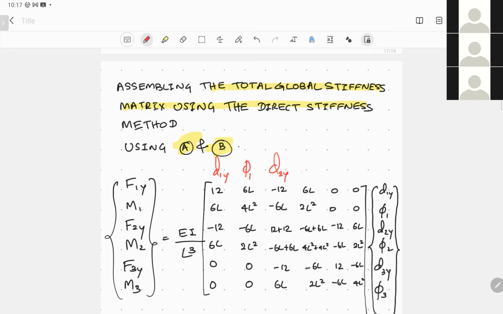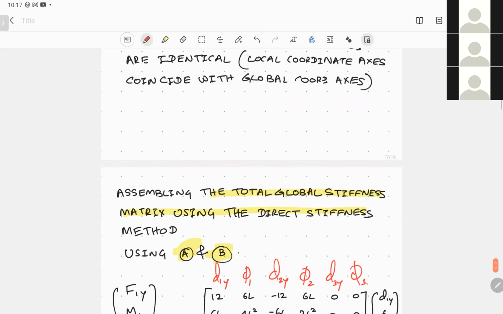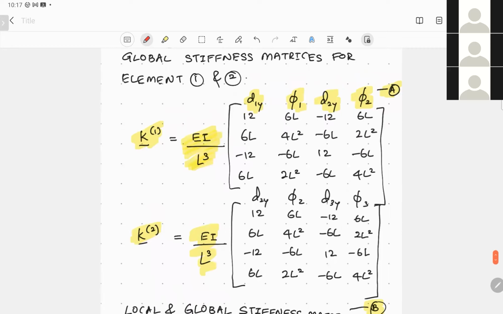Similarly, the transverse displacement and rotation at node 2, and similarly at node 3, the transverse displacement and rotation. So you can pick out the corresponding terms, and by applying the superposition method, you can construct it.